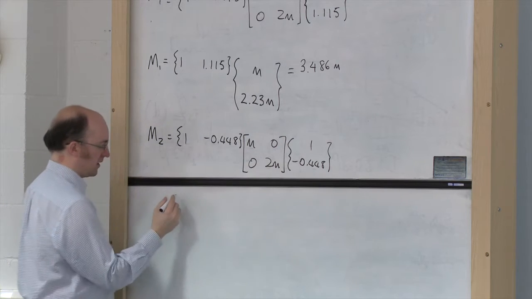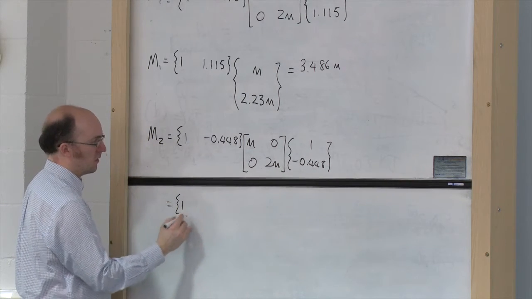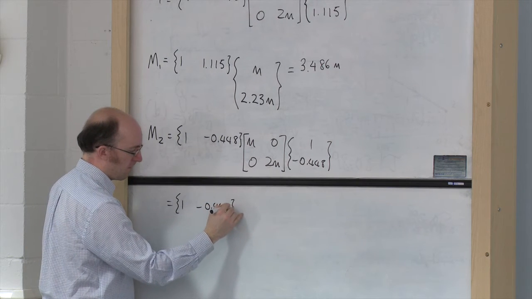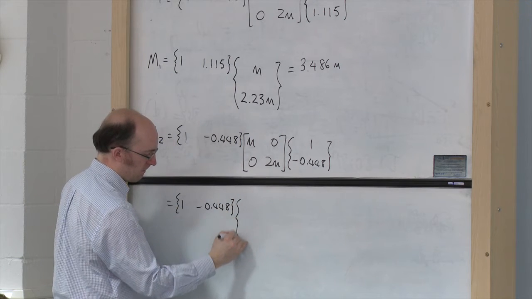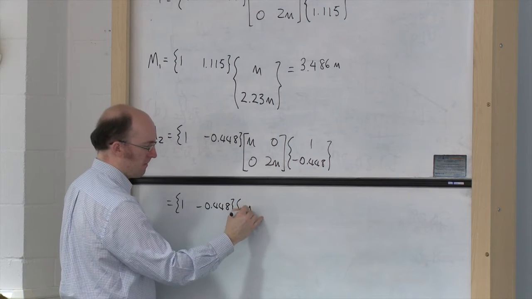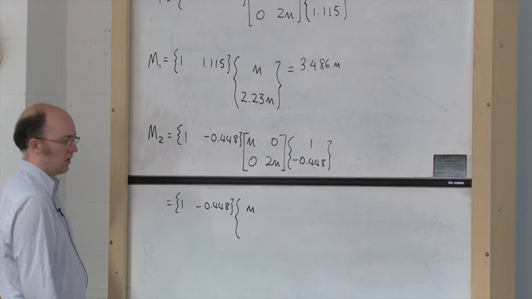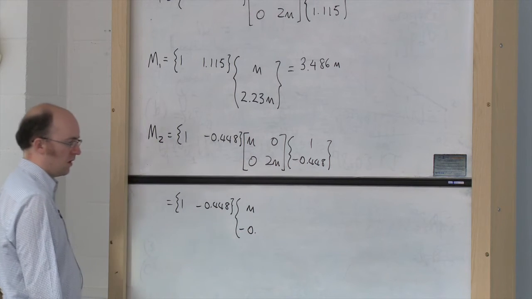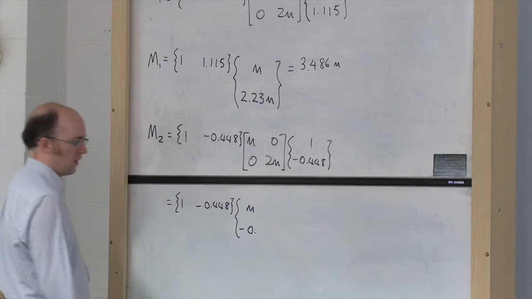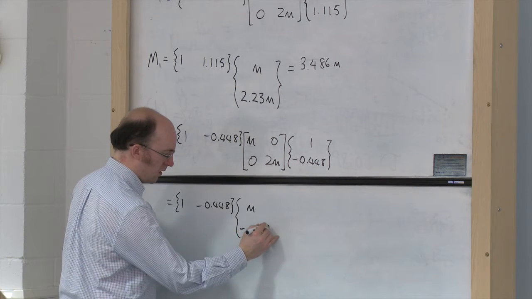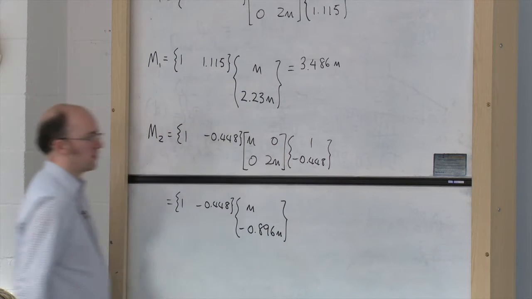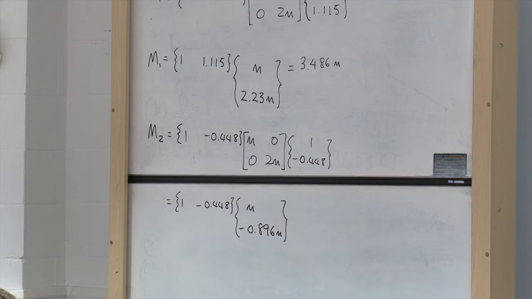Again, I'll do this bit first. M. 0.448 squared times by 2 is 0.896.